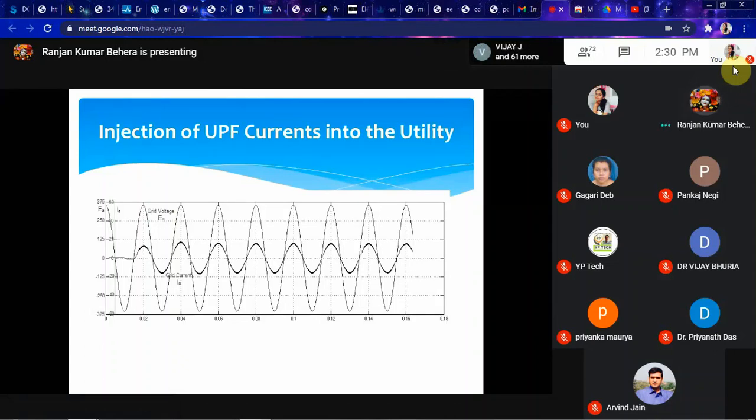Utility friendly means that you are operating at maximum power. For example, in our circuit theory, we all know: what is the maximum power? When input impedance is equal to output impedance, then you can achieve the maximum power. That is the maximum power transfer theorem.